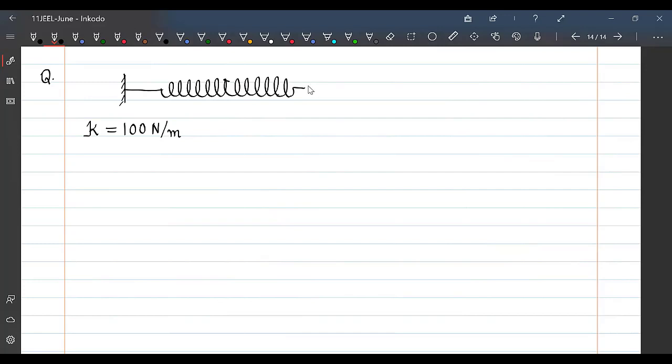You applied some external force at this region, and the value of the extension is 10 centimeter.